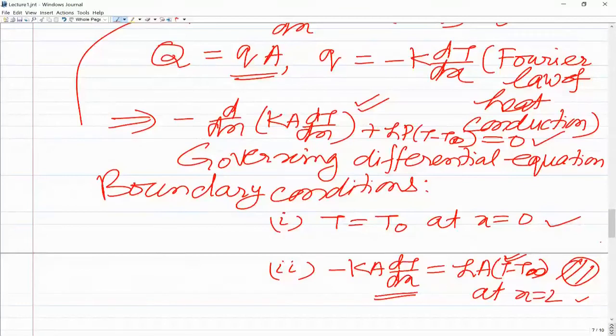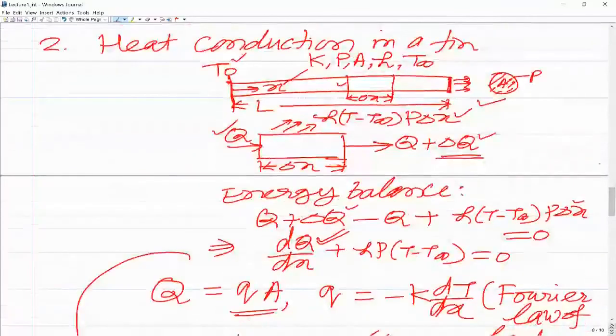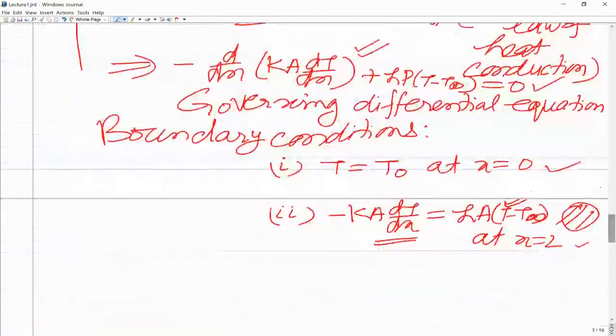So that could be one possibility. But in general, we are interested in transferring heat from a body which is at a higher temperature. That is why I am saying that this is connected to some body which is at a higher temperature T naught, and the surrounding is at a temperature T infinity. So this is the surrounding temperature, environment temperature. That is why I am not saying T equal to T infinity at x equal to 0.